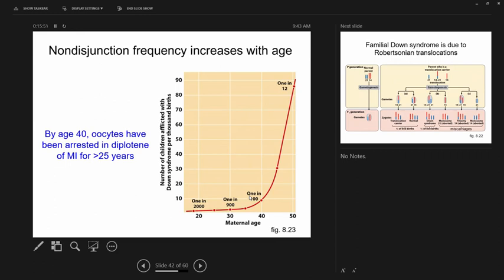So if you look here, here's maternal age and number of Down syndrome per 1,000 live births. It's kind of a very low level until, you know, right here. And then between 30 and 40, you go from 1 in 900 to 1 in 100, and then 1 in 12, because the oocytes have been sitting around so long that there's a lot that can happen.